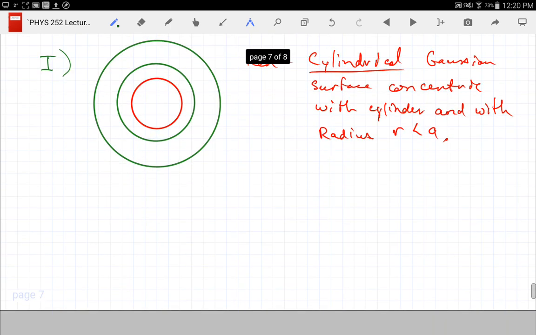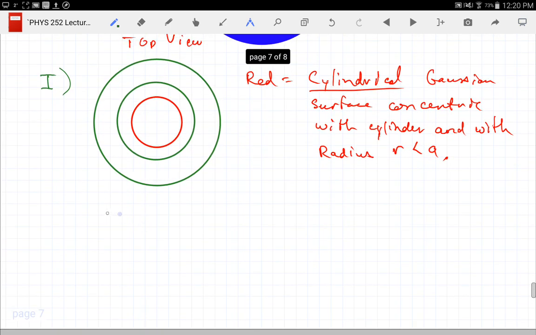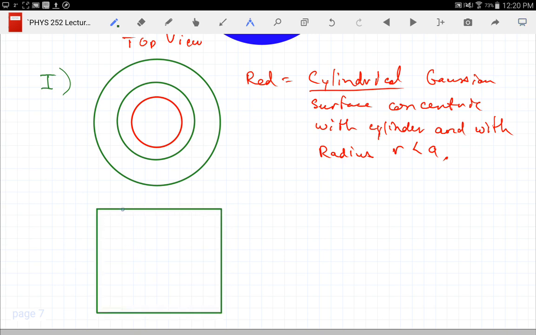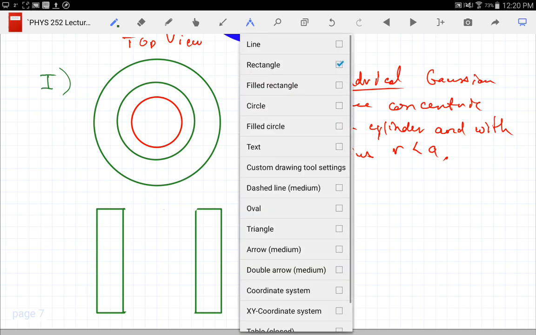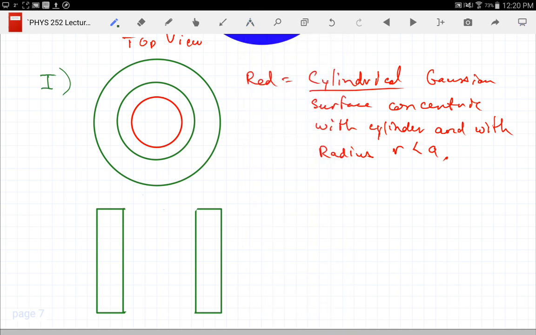So my side view is like that, close enough. So that's what my side view looks like.